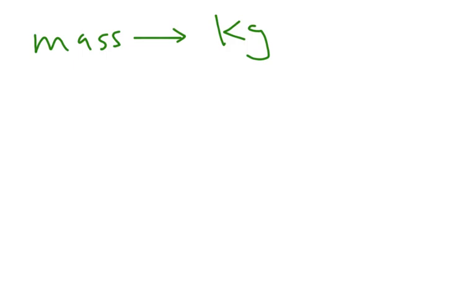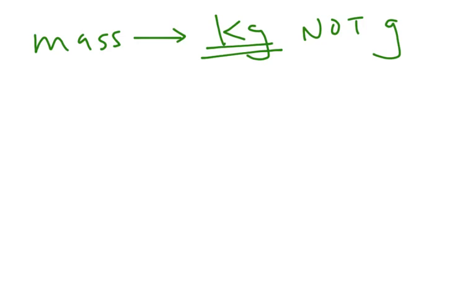A lot of people think it's gram, but it's actually kilogram, and the reason it's kilogram is typically in science when we're weighing things, we're weighing heavier objects, which is why we need a heavier unit like kilograms and not grams. In class we'll be using grams a lot, but I just want to make sure that you know the SI unit for mass is actually kilogram and not gram.